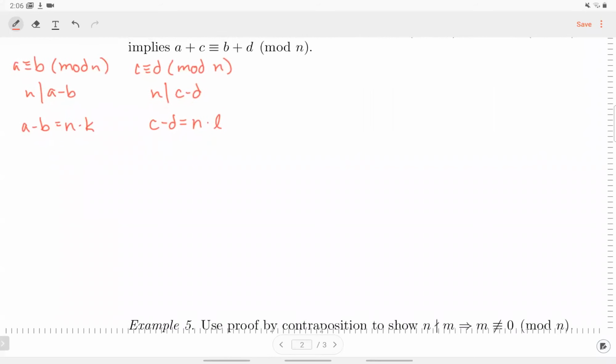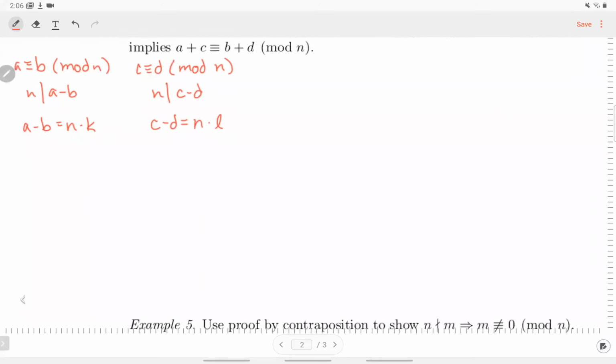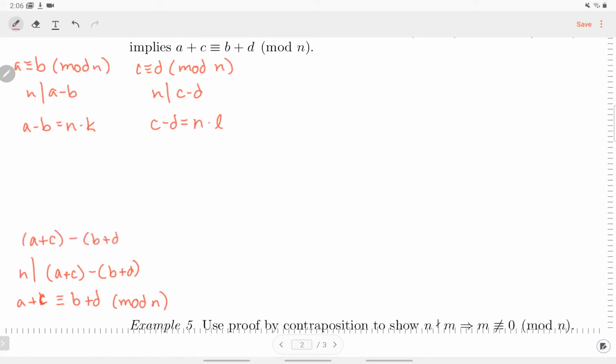Move this up. So let me remember what my goal is. My goal is A plus C congruent to B plus D mod n, which will mean n divides A plus C minus B plus D, which will mean A plus C minus B plus D equals n times some sort of integer.